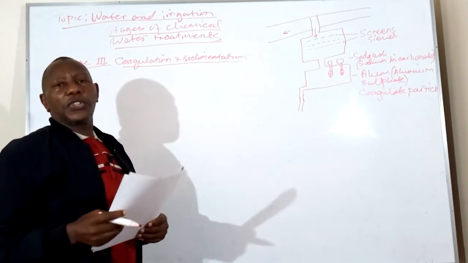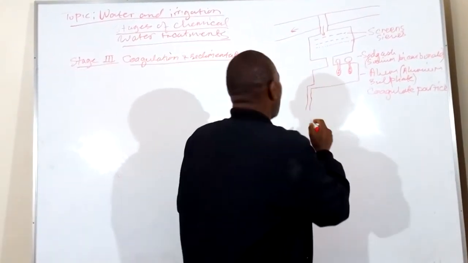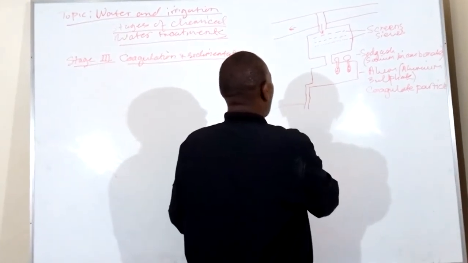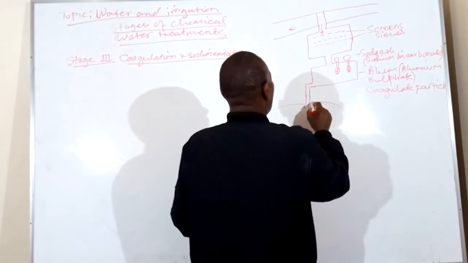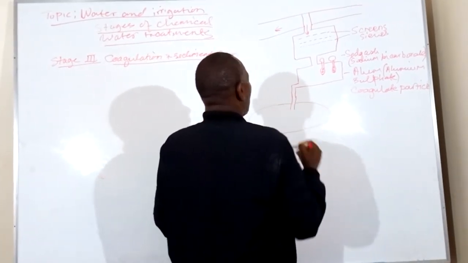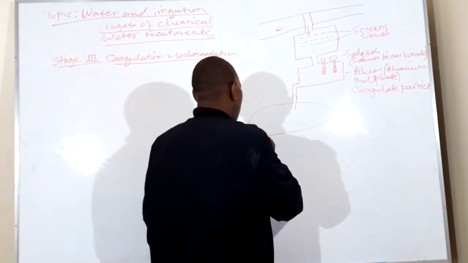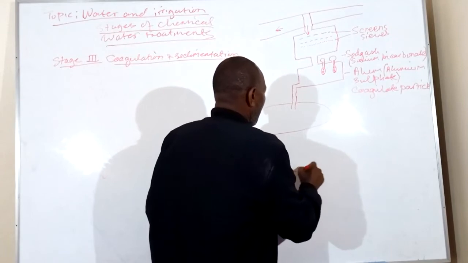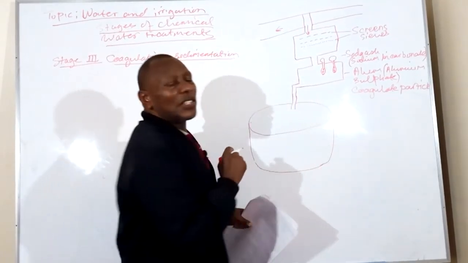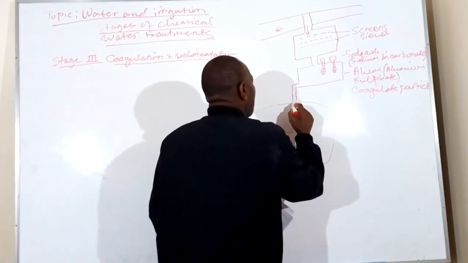Now, this stage 3 consists of a very large tank. And this large tank is usually open, and it has pipes.